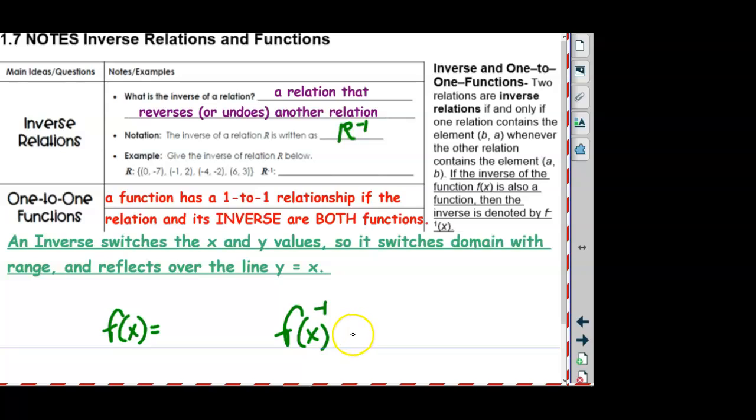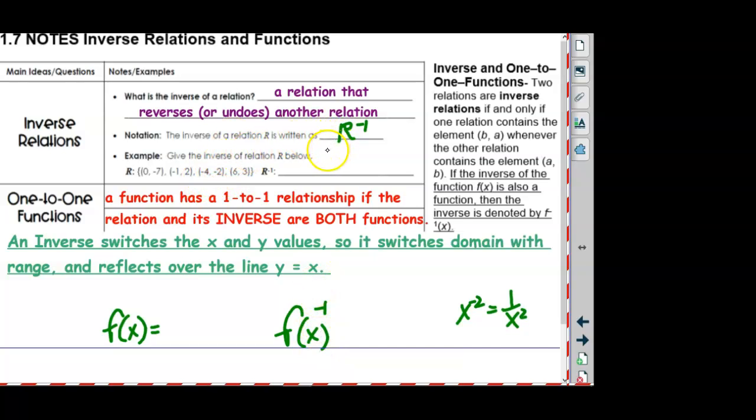Please note that has nothing to do with moving a variable to the denominator, not that kind of negative 1. Do you guys know what I'm talking about when you have a negative exponent? If I wrote x to the negative 2, it means 1 over x squared. You remember that stuff? This has nothing to do with that. It's simply a notation. I don't know who came up with this funky stuff because it is confusing. But that's the notation for inverse.